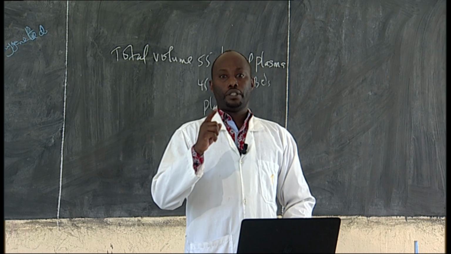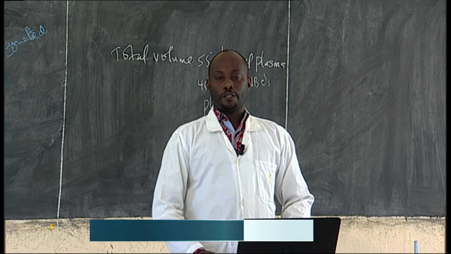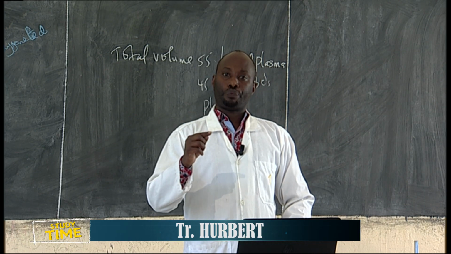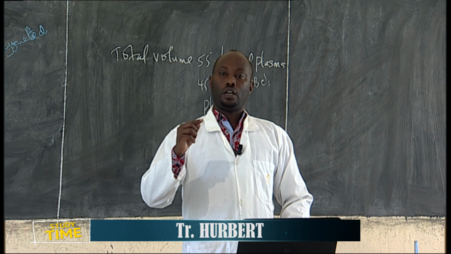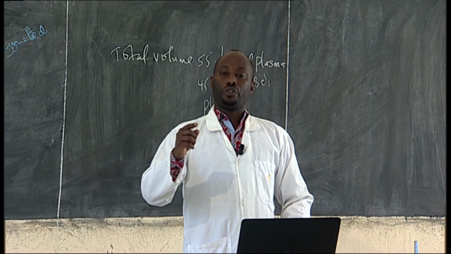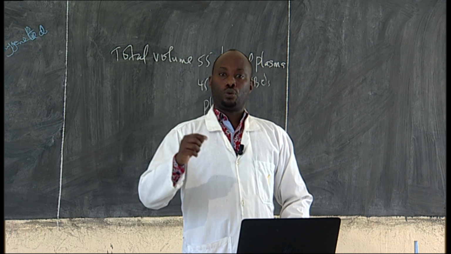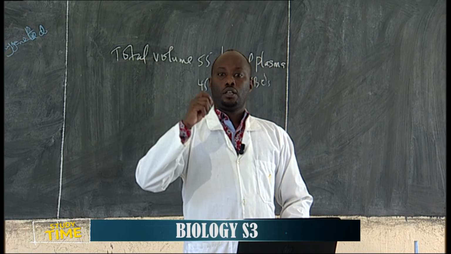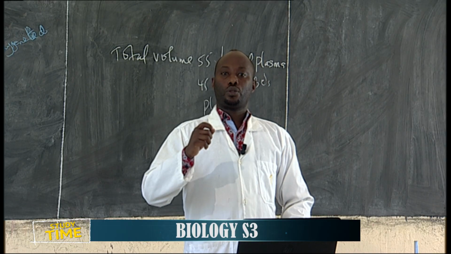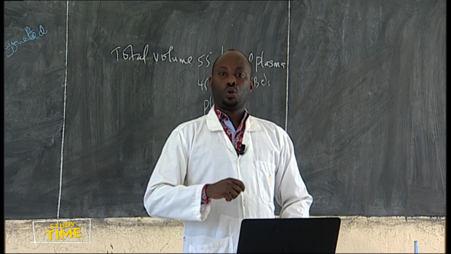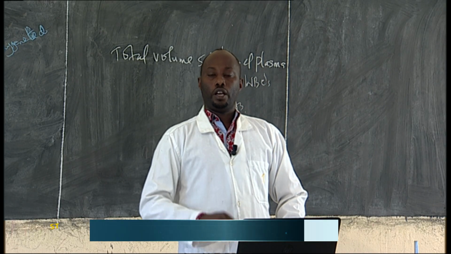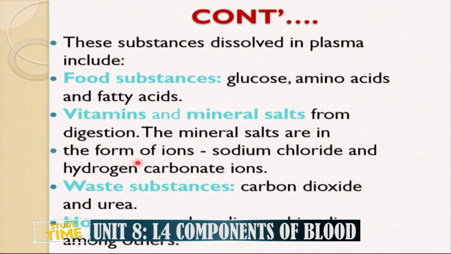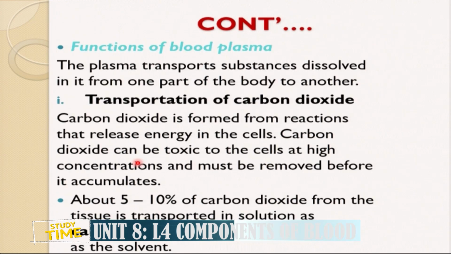We said insulin is produced by the pancreas, and once it is produced, its function is to regulate blood glucose, or sugar in the blood. Once the glucose is very high, the insulin is able to lower the glucose level to a normal level. So we have insulin, adrenaline and other hormones that are normally found in blood plasma.